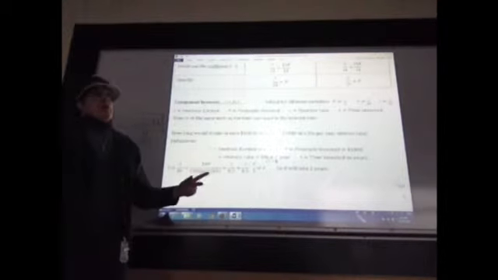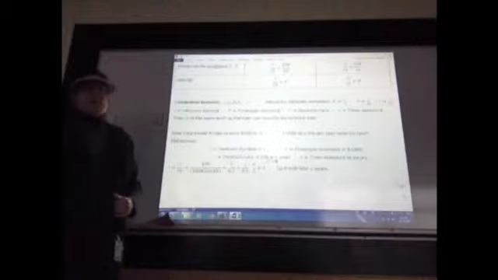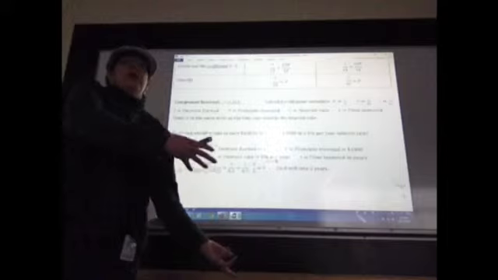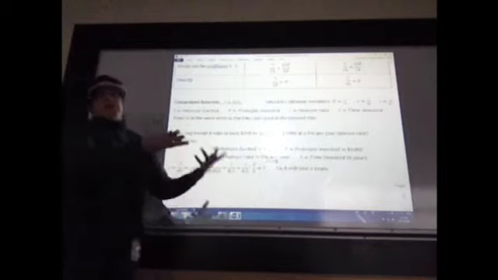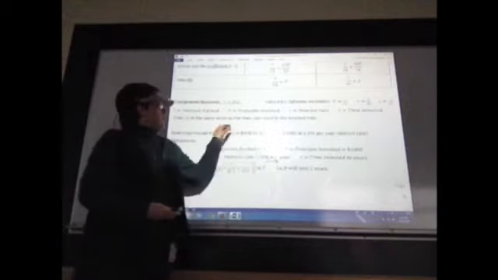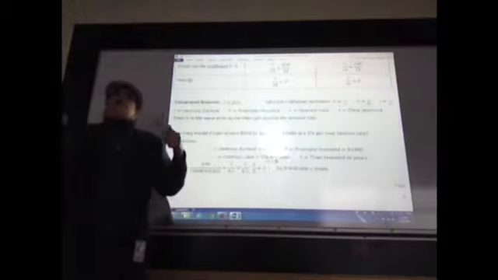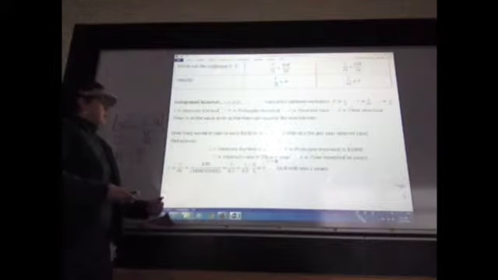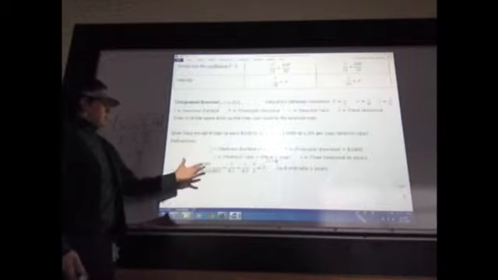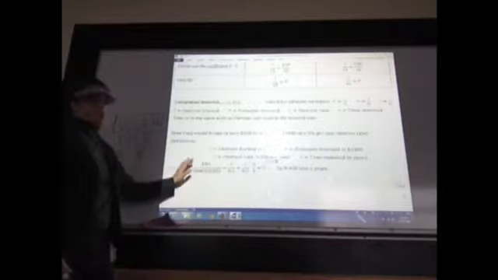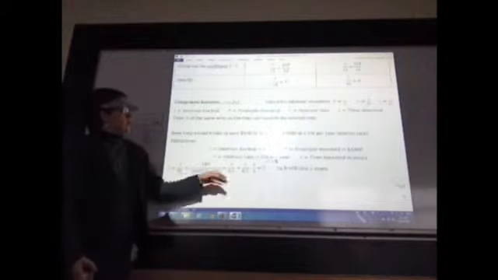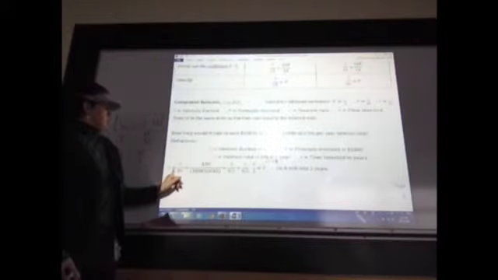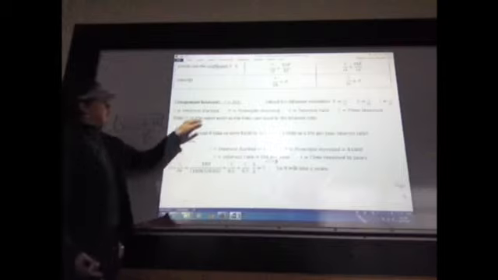But if I'm checking some ideas around and I want to throw in a lot of different numbers, a lot of different scenarios, then I don't want to have to rearrange my problem every time I change the values of my variables. So that's why I would want to rearrange my formula first and express it so that I have what I'm trying to solve for in terms of everything else.